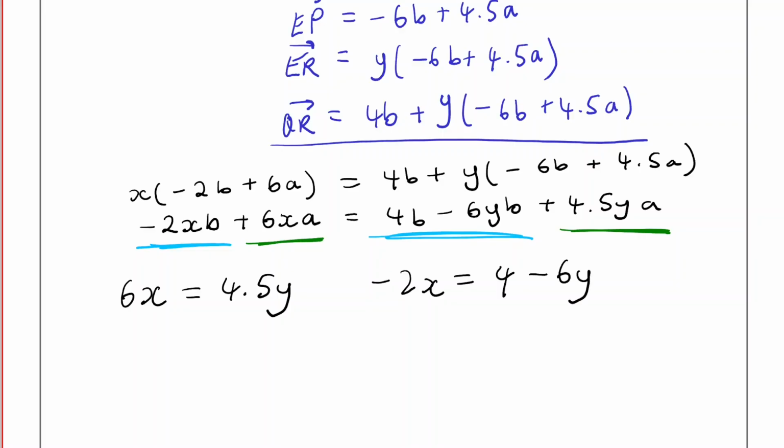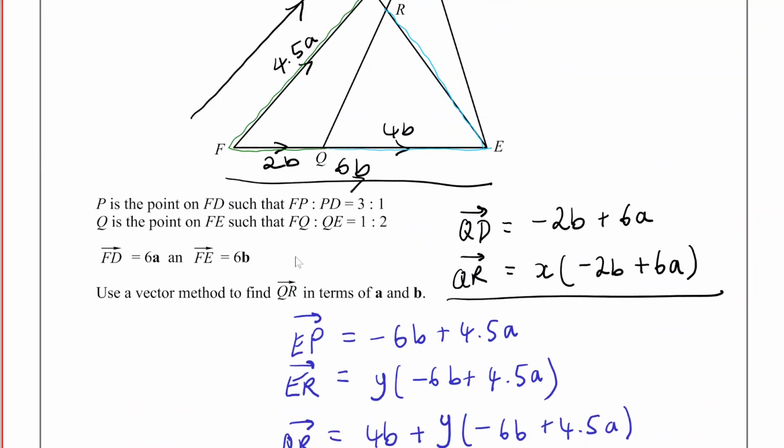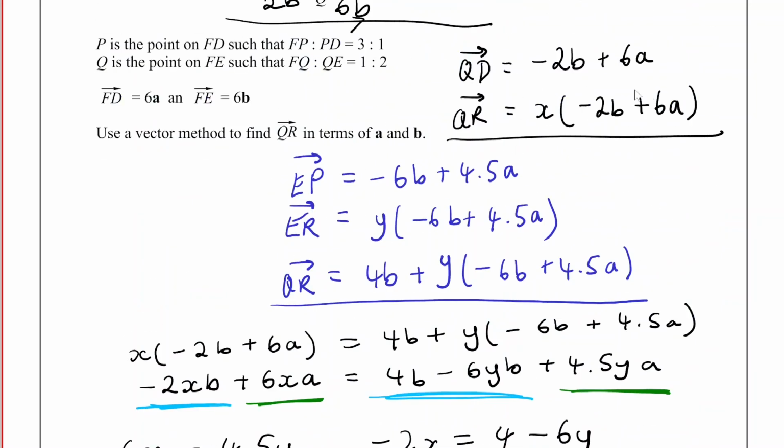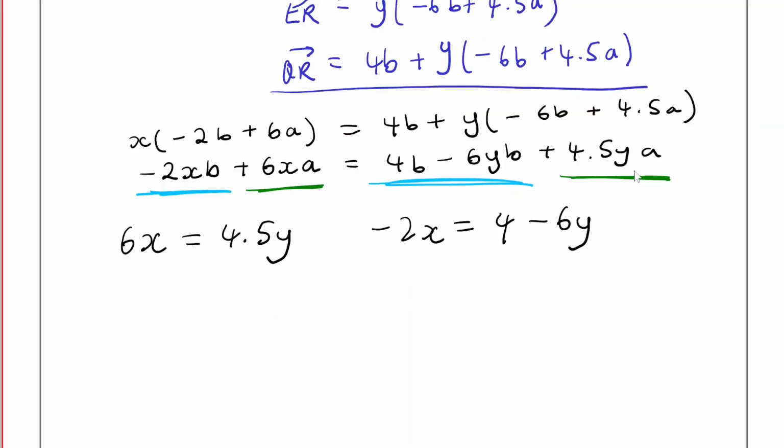So now I've got simultaneous equations that I can use to solve this. I'm just going to find out what X is, not Y, and substitute it into my QR.